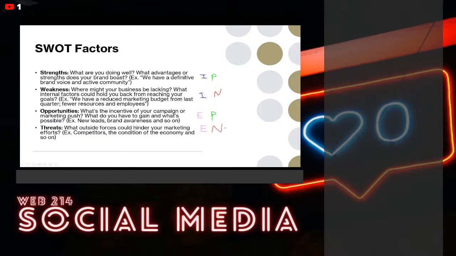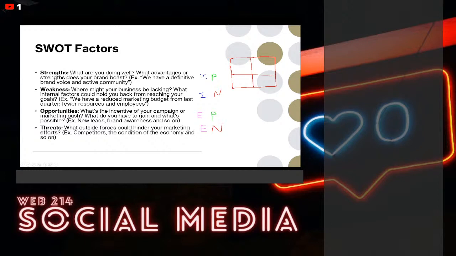and our threats. And so that's why when we build this SWOT analysis out, we build it out in that sort of quadrant sort of thing, like you see in the video in the module. Because our strengths and opportunities are related as our strengths and weaknesses are related.